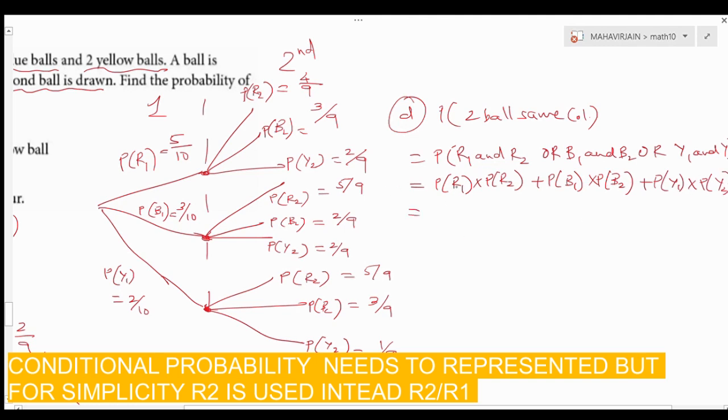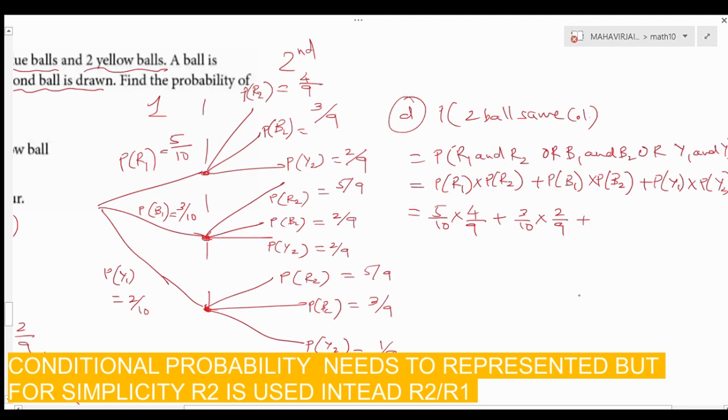So P of R1 is 5 by 10, into P of R2 of the same branch, which is 4 by 9. Again, it's a conditional probability. Plus P of B1, it's 3 by 10, into P of B2, it's 2 by 9. See the branch, you'll understand it, right? B1 3 by 10, B2 2 by 9.